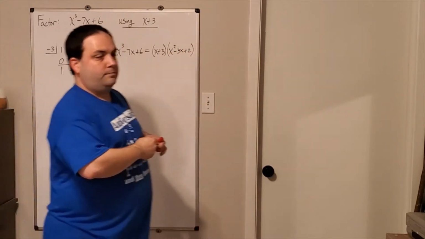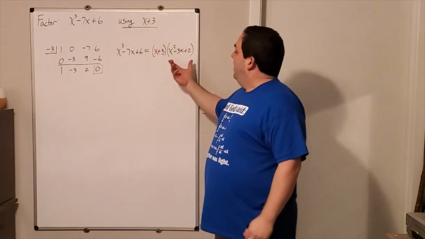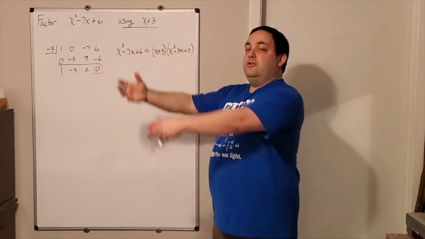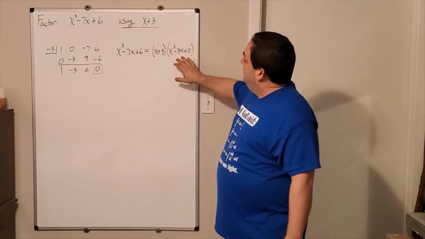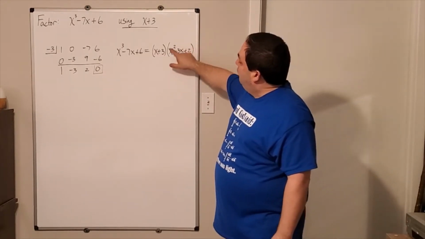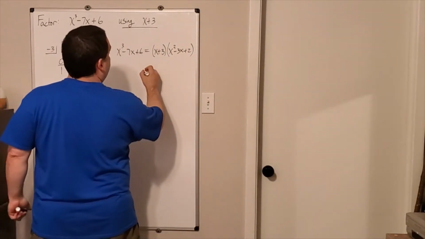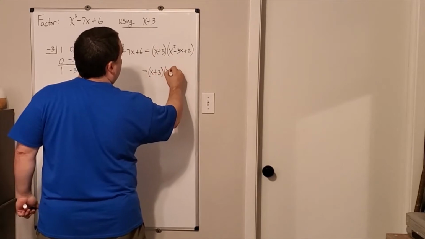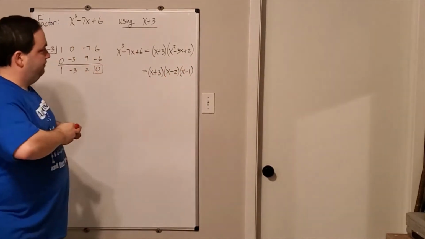Right? Now, fortunately, once you get to this point, you have something more recognizable left over. I could actually continue doing more synthetic divisions, but in this case, I don't need to, because I recognize that this is already factorable, and I can continue doing this. x plus 3 times x minus 2 times x minus 1.